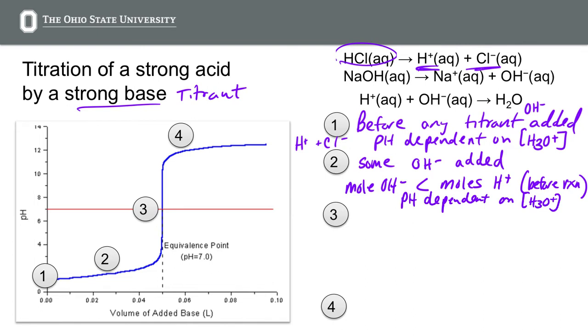So point 3 is the equivalence point. By definition, the equivalence point says that the moles of OH minus added is equal to the moles of H plus originally in the flask.